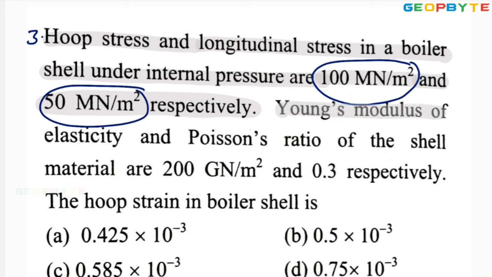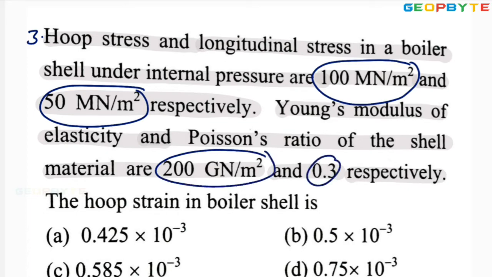Young's modulus of elasticity and Poisson's ratio of the shell material are 200 giganewton per meter square and 0.3 respectively. So this is the Young's modulus and this is the Poisson's ratio.